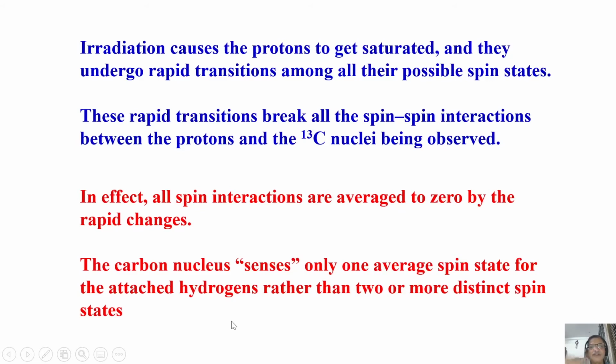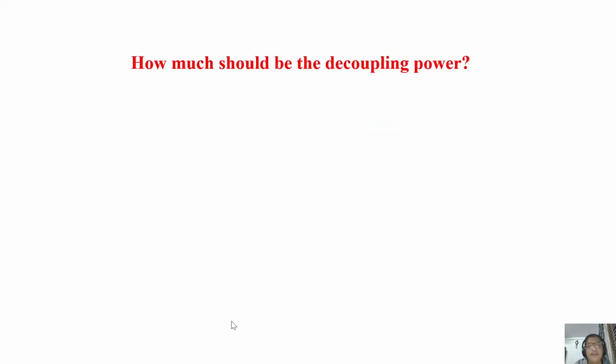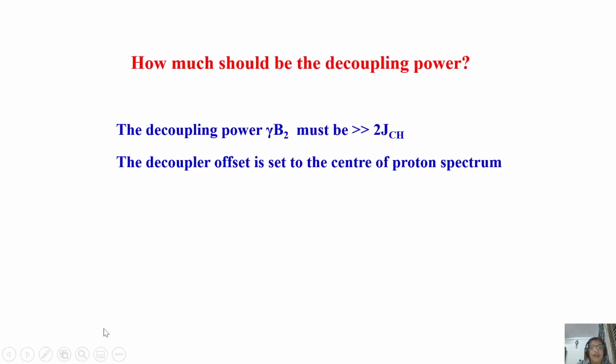It appears as if there is no degeneration of the energy state, and as a consequence we don't see coupling at all. Each carbon appears as a singlet. The question now is, how much decoupling power? The decoupling power should be larger than the coupling strength.